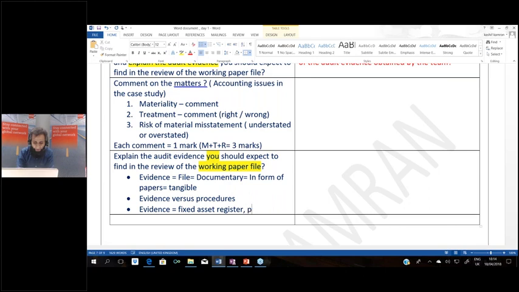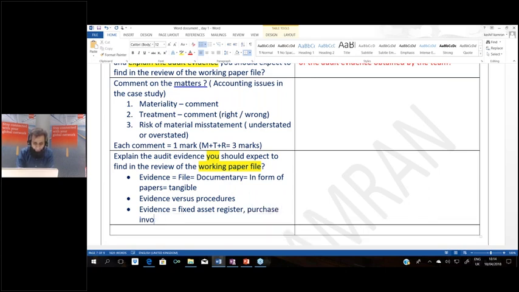The evidence could be a purchase invoice, because that is tangible. The evidence could be board minutes. The evidence could be the lease agreement.